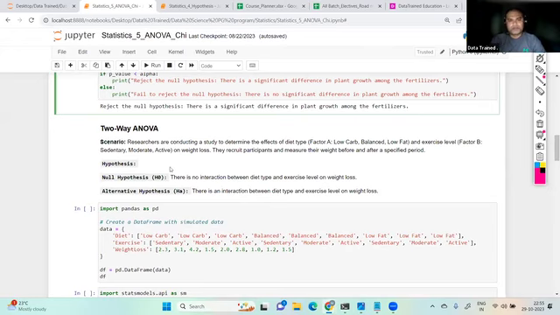Two-way ANOVA. So here we'll take a different scenario. Sorry about that. Two-way ANOVA. So the scenario is: researchers are conducting a study to determine the effects of diet type.